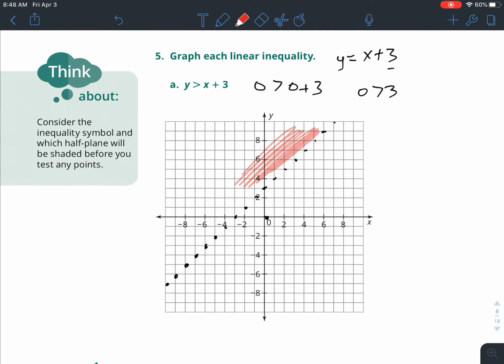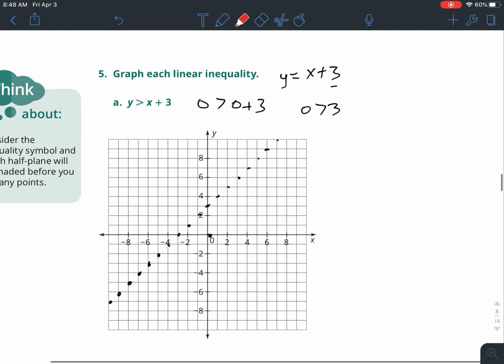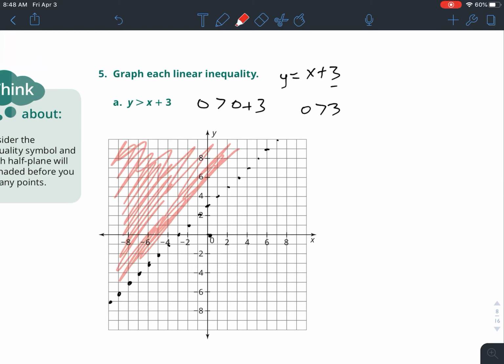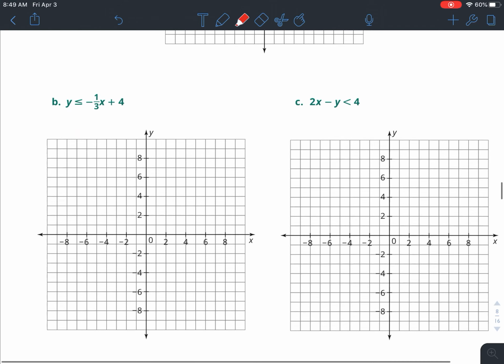So we just shade this side over here, just like that. That's how we find that out. You plug 0, 0 in for the y and an x. Is 0 greater than whatever number on the other side or less than the number on the other side? If it includes it, saying it works, that it's true, then you shade where 0, 0 is. If it's false, you shade the opposite side of it.